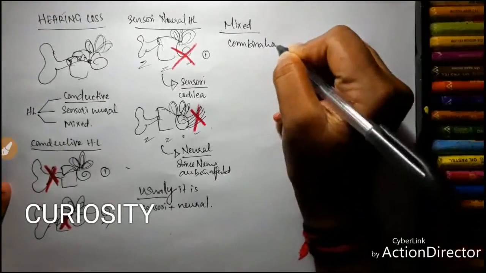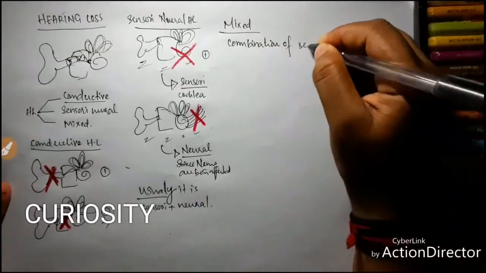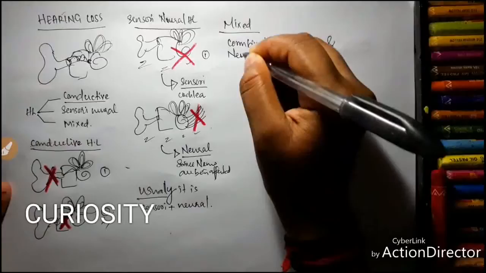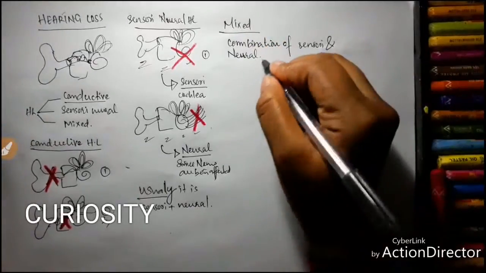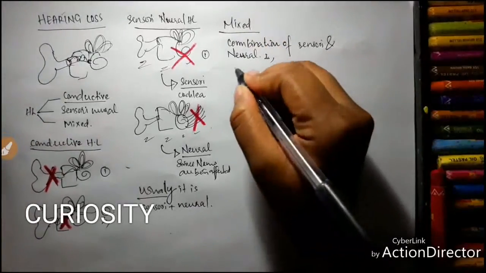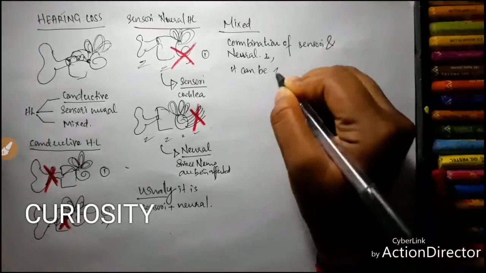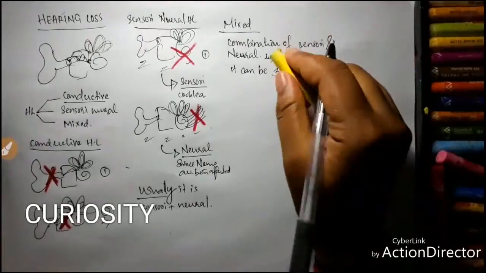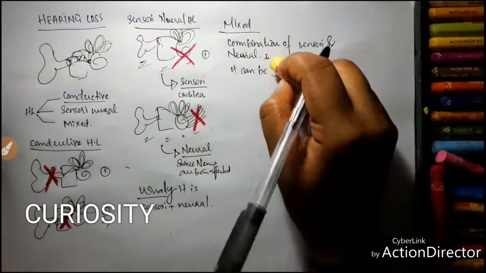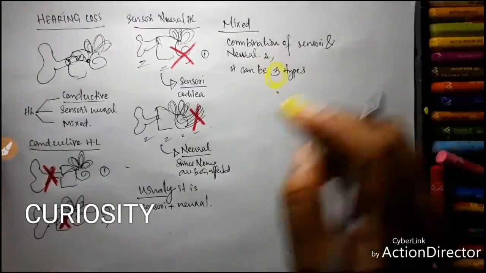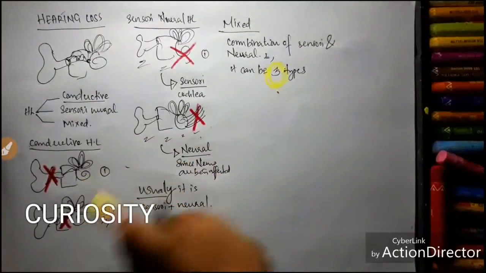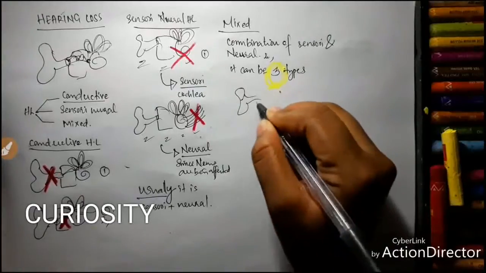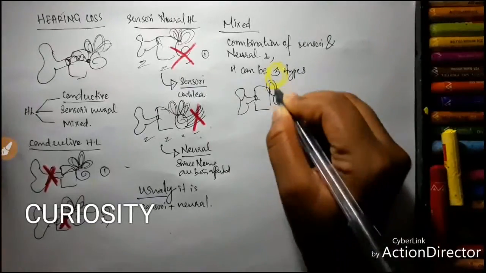Going on to the mixed hearing loss, we can say mixed hearing loss is a combination of sensory neural hearing loss and conductive hearing loss. Conductive can be two types, and the sensory neural hearing loss also can be either sensory or neural, but mixed hearing loss can be three types.